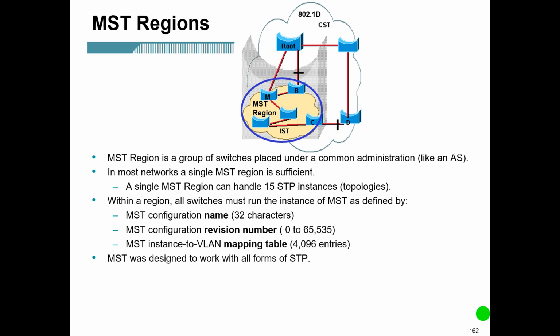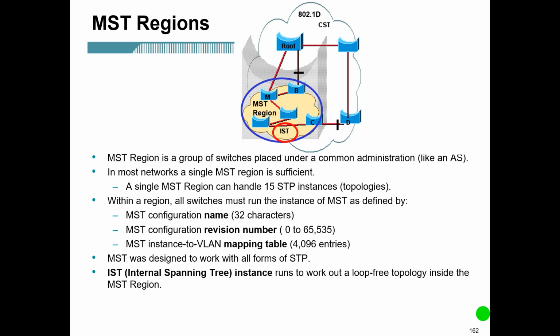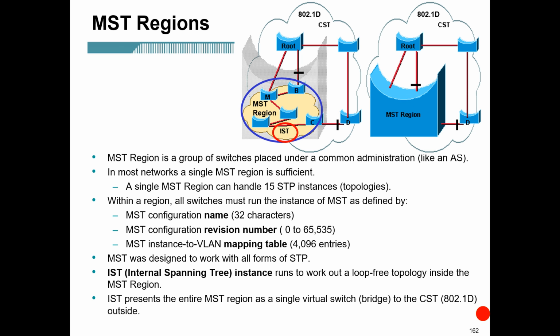MST was designed to work with all forms of STP. The IST, internal spanning tree instance, runs to work out a loop-free topology inside of the MST region. The IST represents the entire MST region as a single virtual switch or bridge to the common spanning tree, or 802.1D, outside. Wow, I love these acronyms.